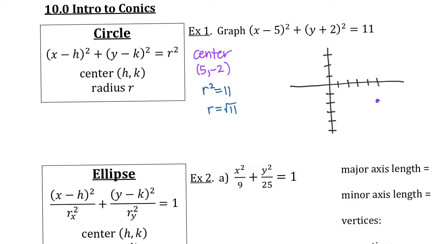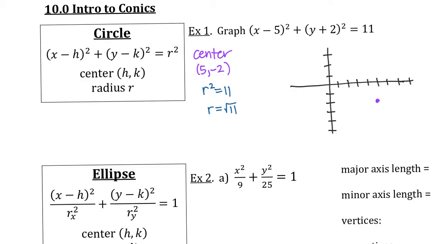Okay, I don't have graph paper. If you don't, that's okay too. The square root of 11, I'm going to approximate, but I'm still going to try to get the 4 good points on my circle. The square root of 11 is 3 point something because it's higher than square root 9 and lower than square root 16.